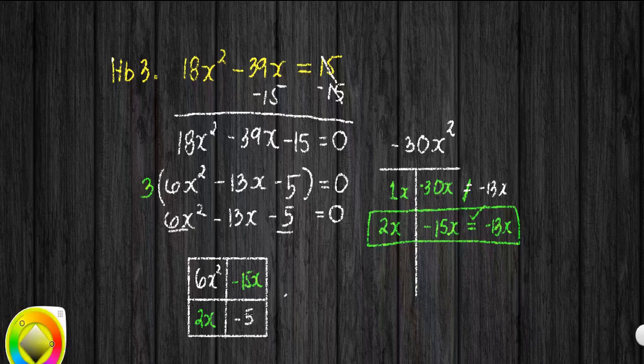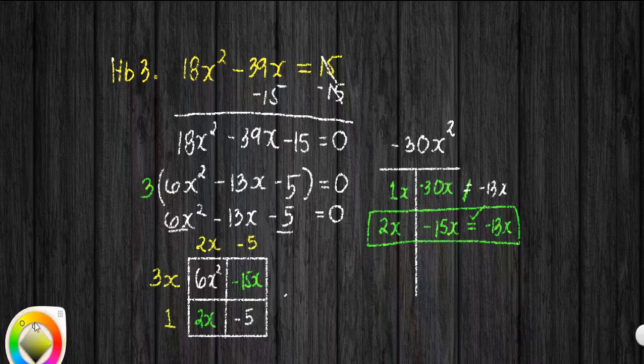Okay, let's get the common factor of the columns. We have negative 5 for the first column, and for the second column, we have 2x. Now for the rows, the common factor of 6x squared and negative 15x is 3x only. And for the second row, that is 1.